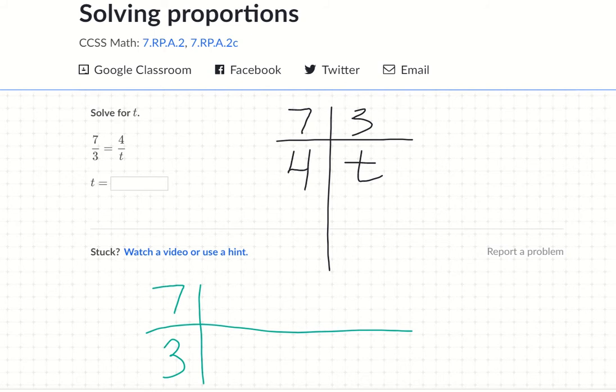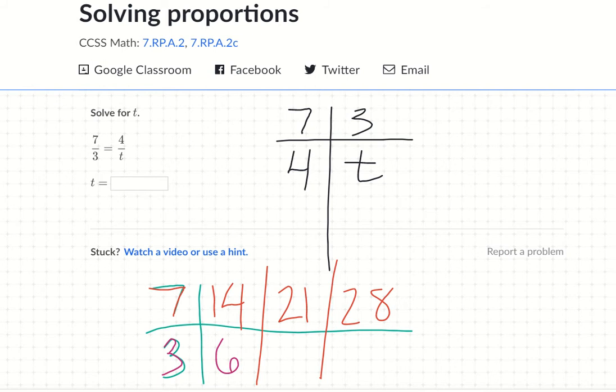So here I've got 7 times 1 is 7, 7 times 2, 7 times 3, 7 times 4, and whatever I do to one part of the ratio, I'm going to do the same to maintain that relationship, just like I would for fractions. So I've got 3 times 1 is 3, 3 times 2 is 6, 3 times 3 is 9, 3 times 4 is 12.